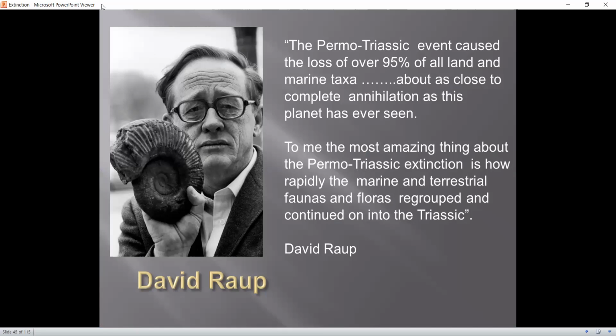He says the Permo-Triassic is 95% of the species of marine taxa, as close to total annihilation as we've ever come. Nothing's even near that. But the most amazing thing to him was how rapidly after the event the Triassic fauna recovered and began to move on with their life. They regrouped and continued on through the Triassic.